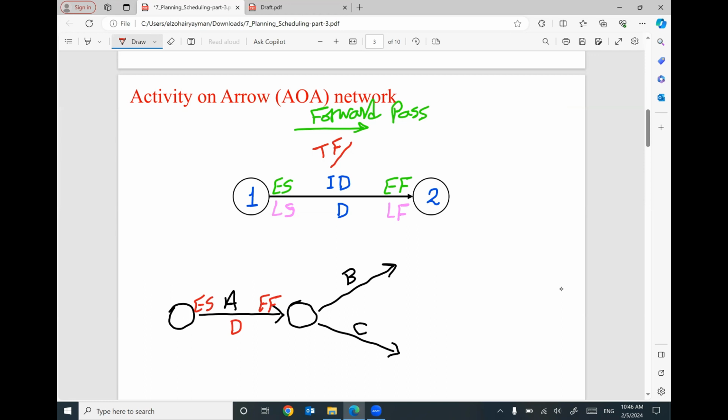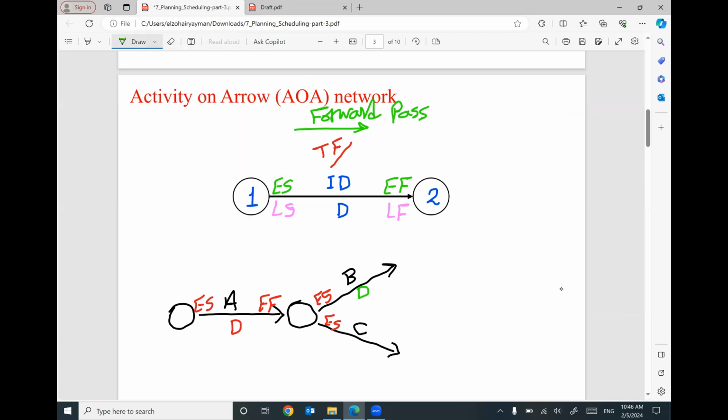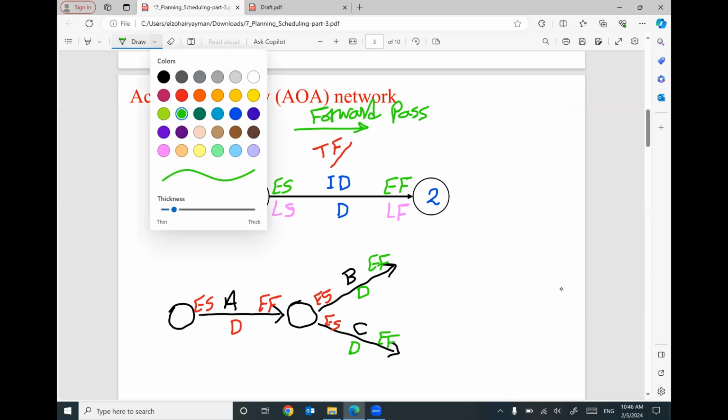This early finish will be the same early start for activity B and the early start for activity C, because B and C are dependent. B and C have a predecessor A. Then you can add the duration for activity B plus early start, which will give you early finish. The duration of activity C plus early start will give you the early finish. This is if you are moving forward.